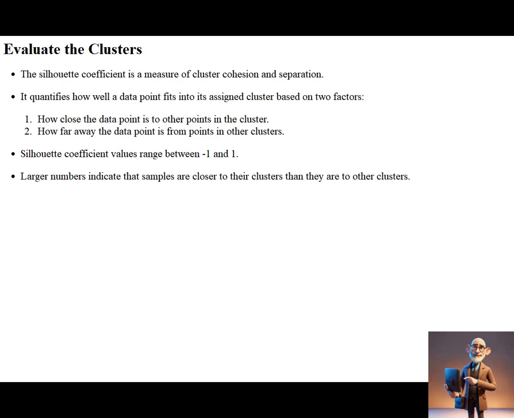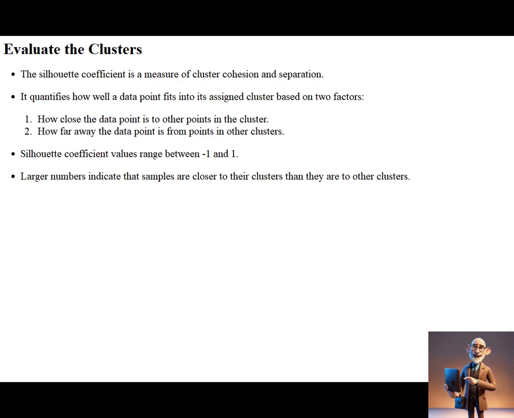One powerful metric that aids us in this evaluation is the silhouette coefficient, a measure of both cluster cohesion and separation. The silhouette coefficient serves as a quantitative measure of how well each data point fits into its assigned cluster.